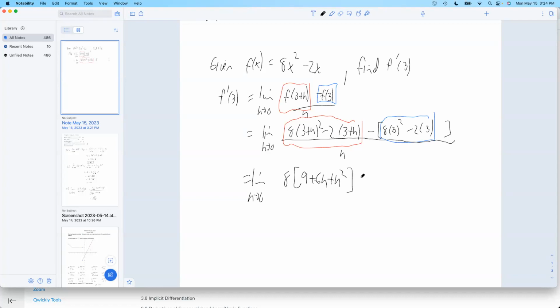I'm going to do all my distributing here. Minus 6, minus 2h. And then this is just a number. Let's clean that up. That's going to be 8 times 9 minus 6. So 72 minus 6. I think that's 66, I hope.